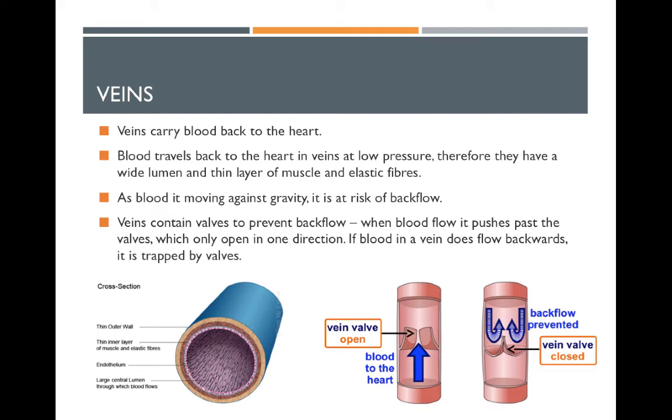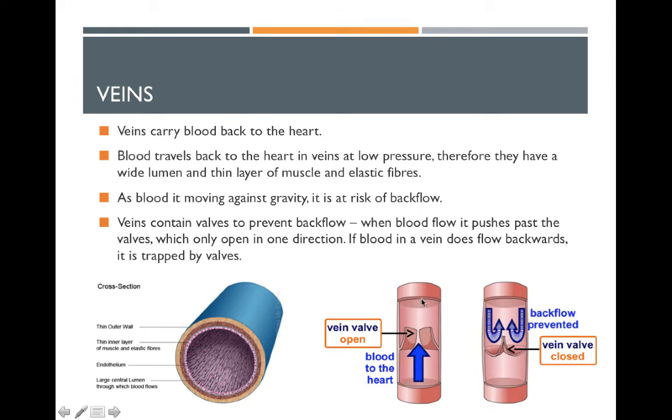And valves prevent backflow. So if you have a look here, the blood flows through the vein and it pushes the valve open, okay? Valves can actually only open one way.